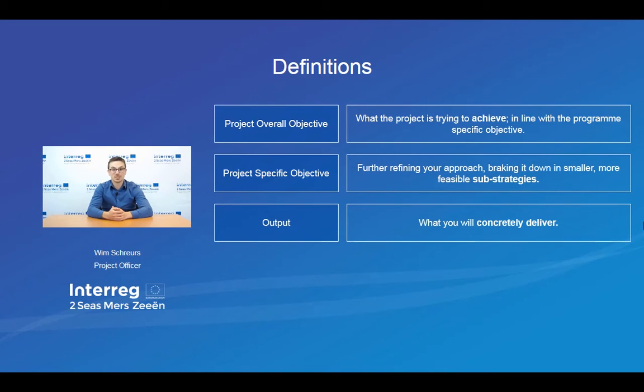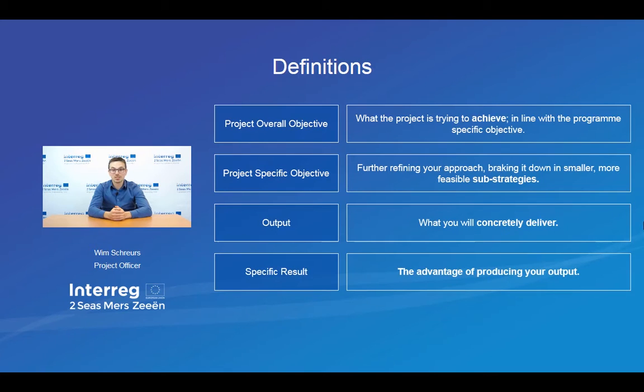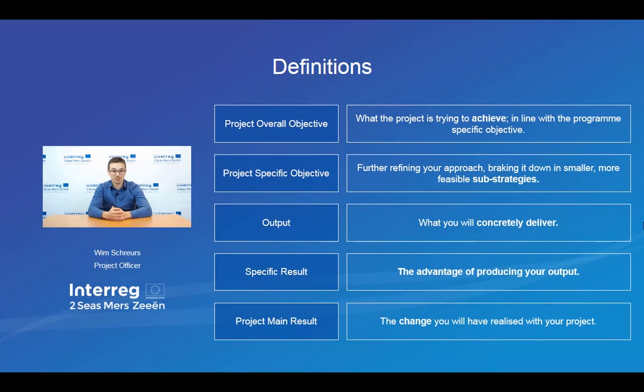The outputs, as I said, is what you will concretely deliver. Can be a pilot, a piece of equipment, a study. And the results is the direct benefit or advantage of producing this output. The specific results will then lead to a main result, which is in line with your project objective, the change that you will have realized at the end of your project.